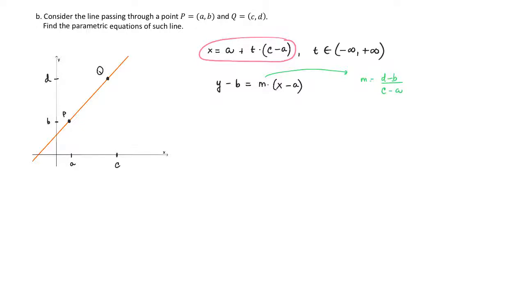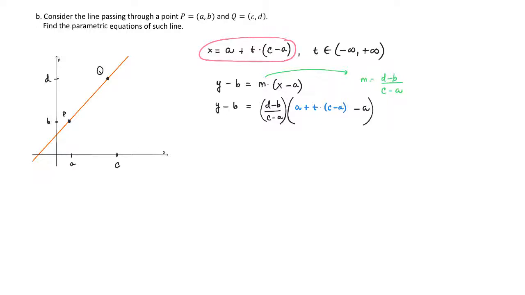So then we are going to have y minus b equals, substituting d minus b over c minus a, and then doing another substitution for x, that will be a plus t times c minus a, and then minus a right here.